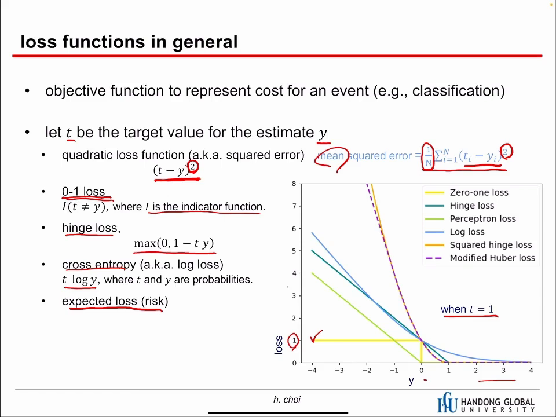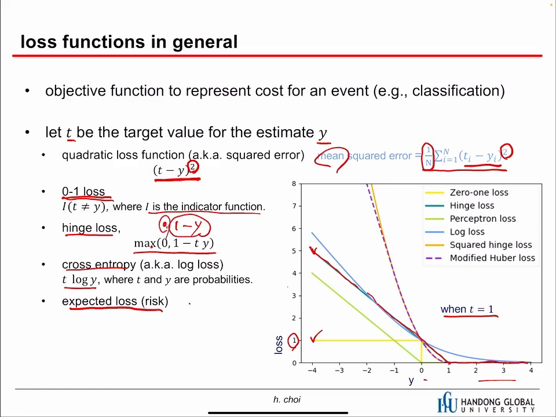How about hinge loss? Hinge loss is this one. It is 1 minus t times y. So in this case, let's assume that the target is 1. Then it is max of 0 and 1 minus y. If y is negative, then we have a lot of loss. But if y is 1, then the loss is 0, and if y is greater than 1, then it is negative, and max says this should be 0.